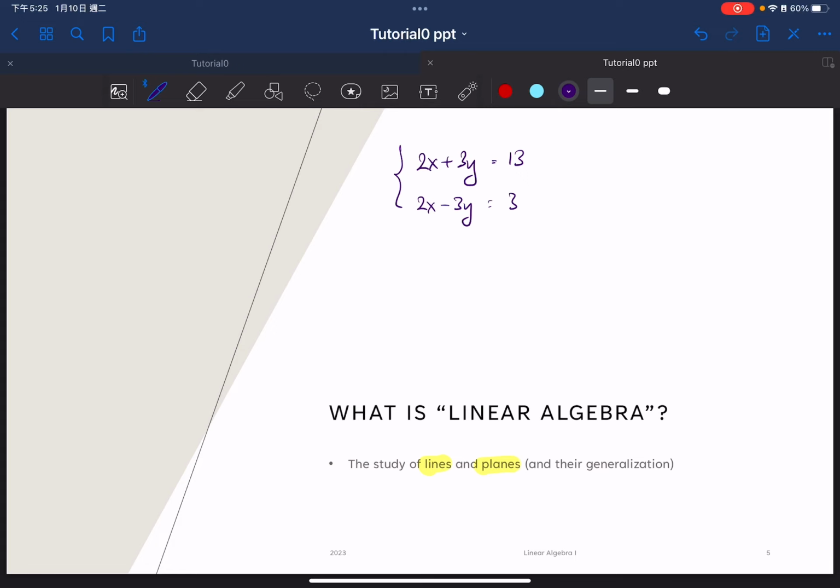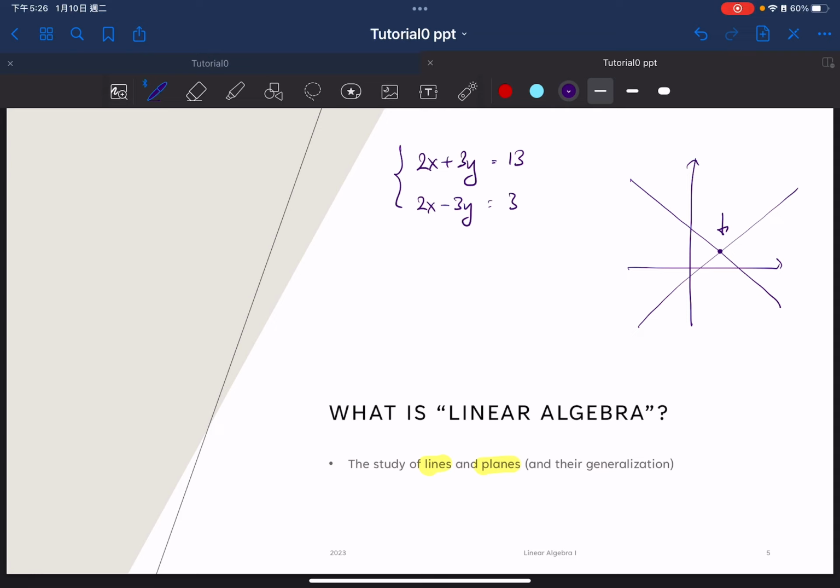But essentially, what it means when you write down these equations is that you are having a diagram. Say you have two straight lines. If they are not parallel to each other, then they will have a unique intersection, and that's the solution that we want to see.